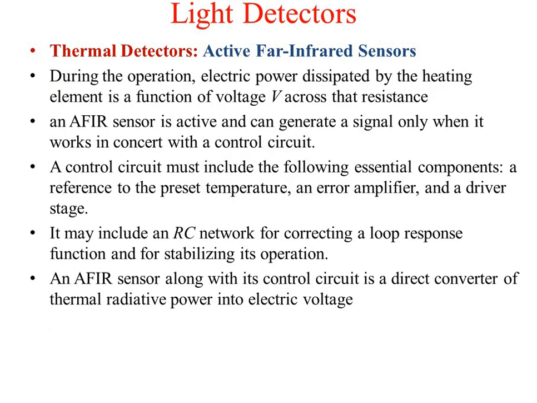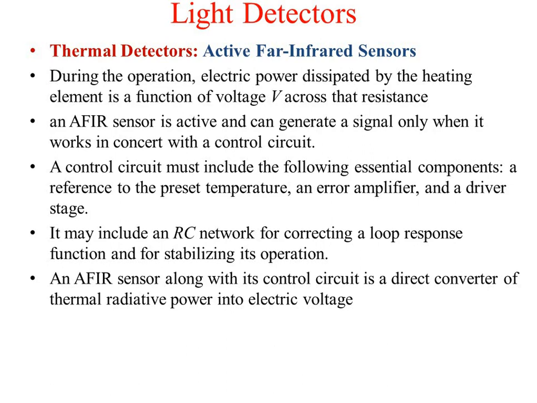During the operation, the electric power dissipated by the heating element is a function of V and that resistance. Then the FIR sensor is an active one. Why is it an active one? Because you are applying external excitation, and it can generate the signal only when it works in concert with the control circuit.